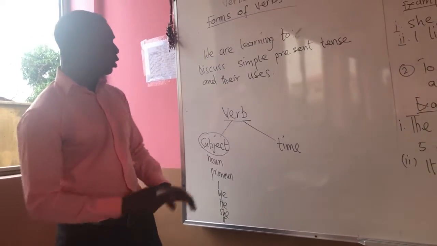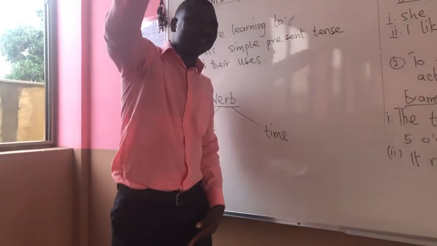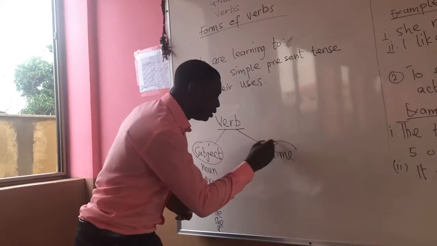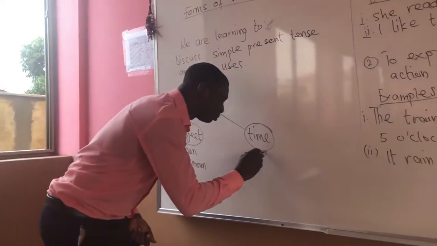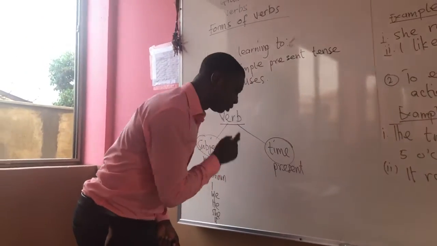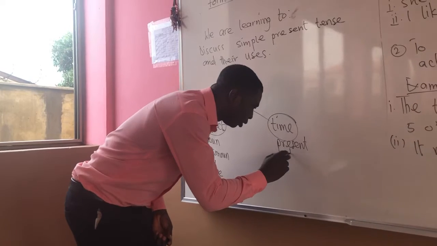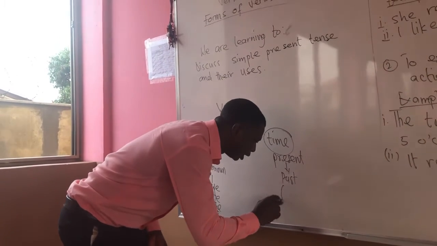And the action can also happen at the present time, past, and even the future. So the time of the action also matters. It can be present, that means right now you are doing something, and it can also be past or the future.